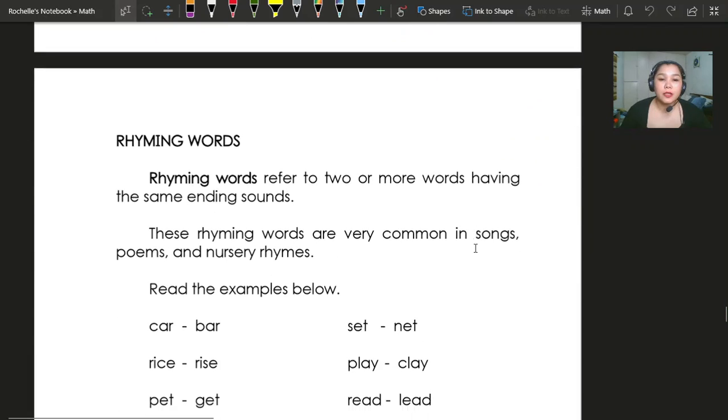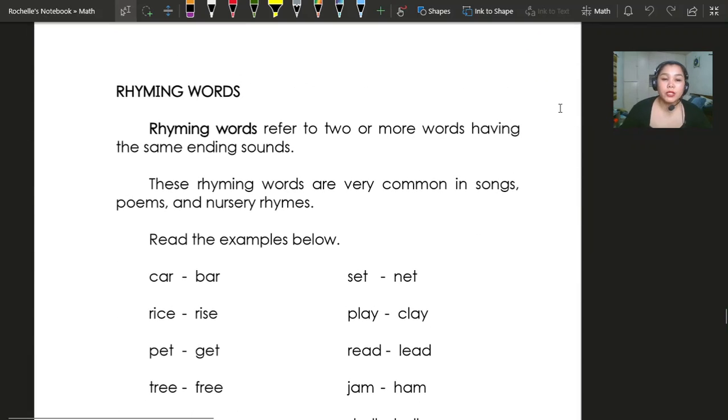Okay, so this is the discussion part. So rhyming words refer to 2 or more words having the same ending sound. So ito yung clue niya, the same ending sounds. So these rhyming words are very common in songs, poems, and nursery rhymes. So read the examples below.